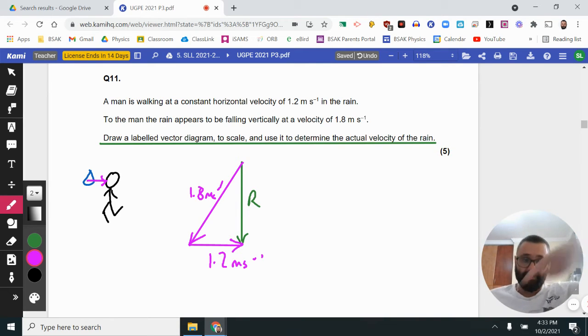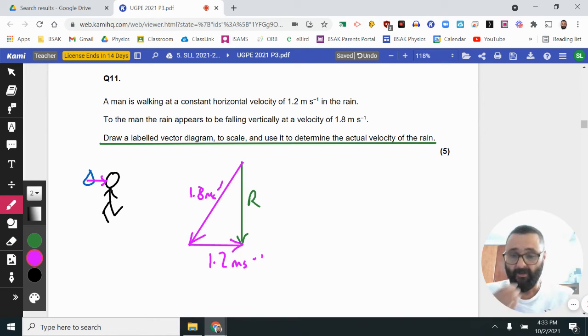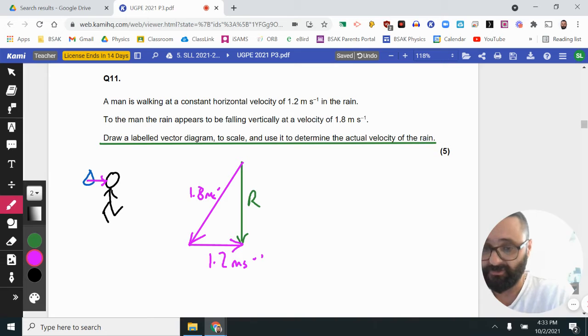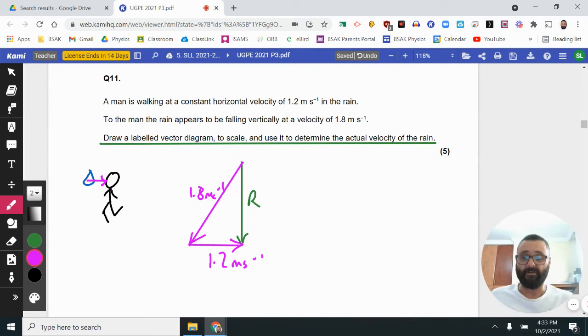But the rain, the actual velocity, is coming downwards. So we've got those two purple vectors added together to produce the resultant, which is what the man perceives the rain to be doing. Now we could, like I said, use Pythagoras and trigonometry, and that would be fairly straightforward, but we need to draw a scale drawing.